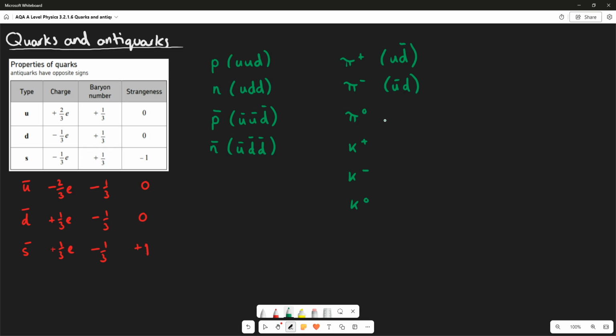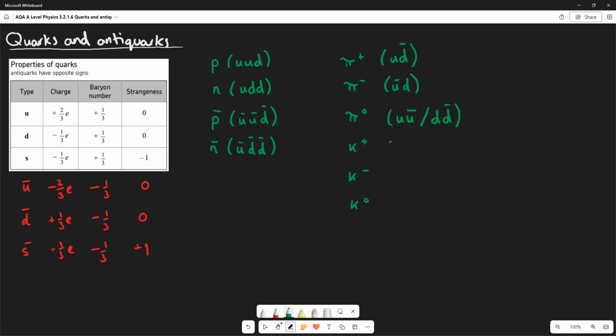The neutral is an antiparticle of itself. It's either up anti-up or down anti-down. And because these are the particle and its antiparticle, if you combine both of these in a particle, then those are going to annihilate pretty quickly. So this is a very short-lived particle.